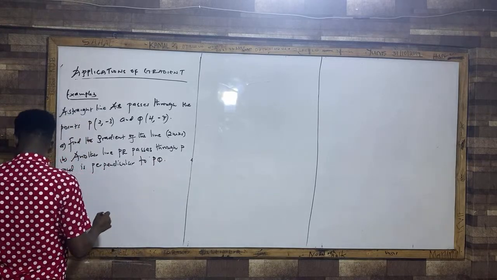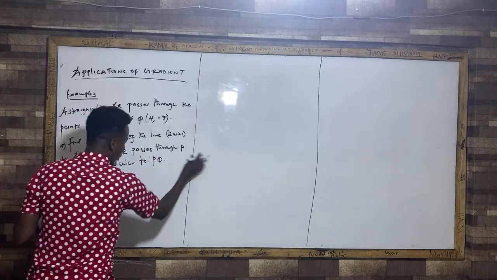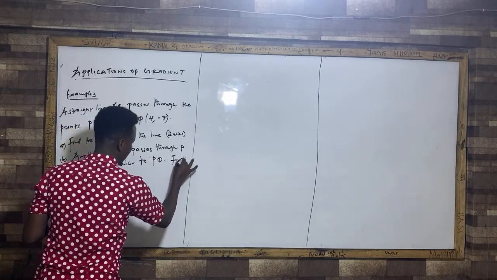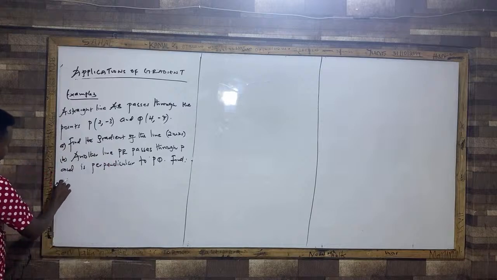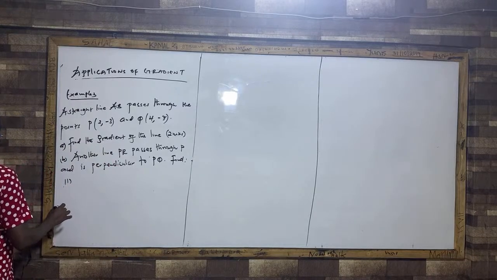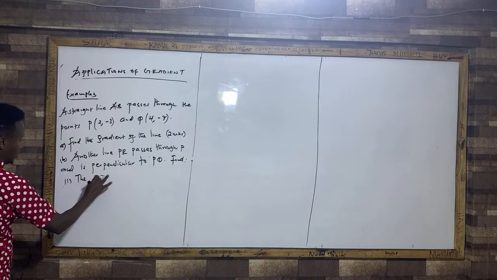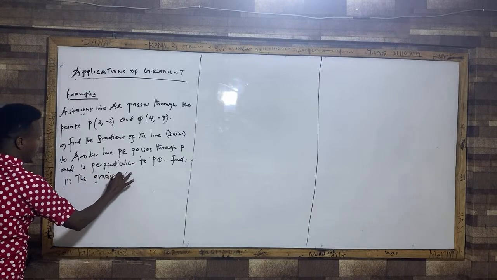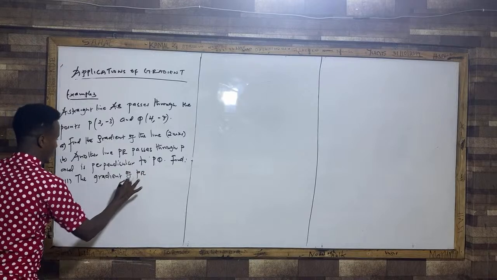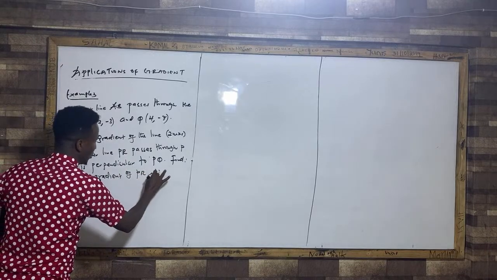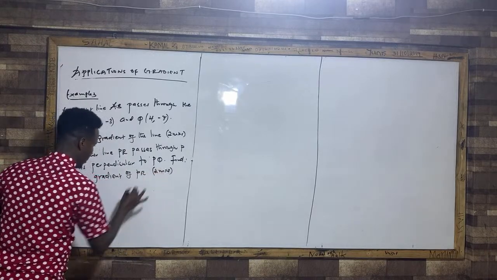You are told to find, from 1 again, the gradient of BR. So this also carries 2 marks.